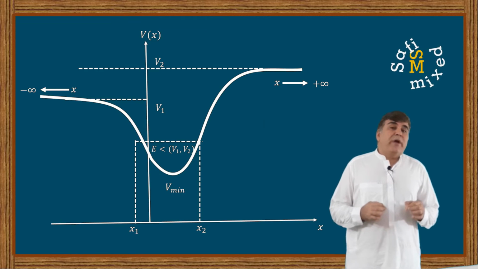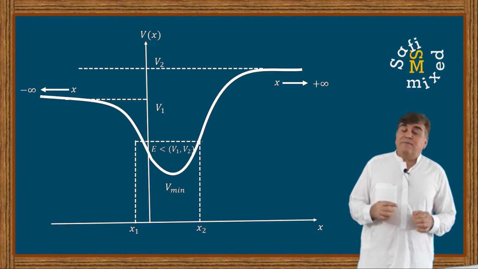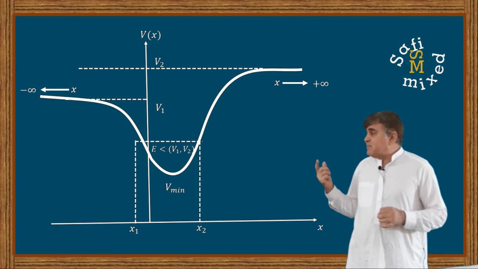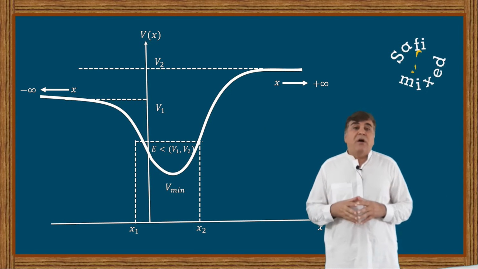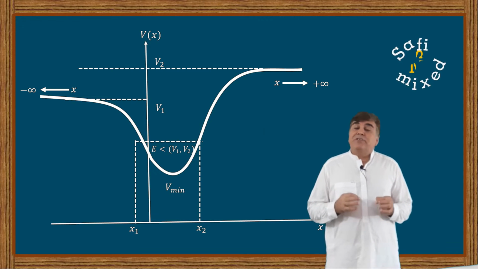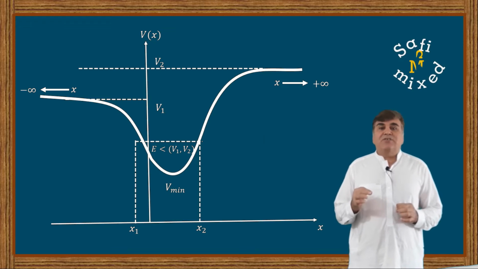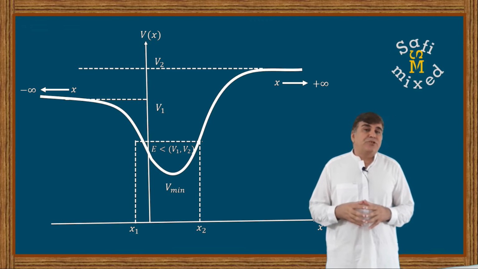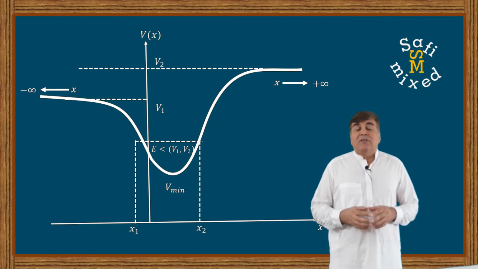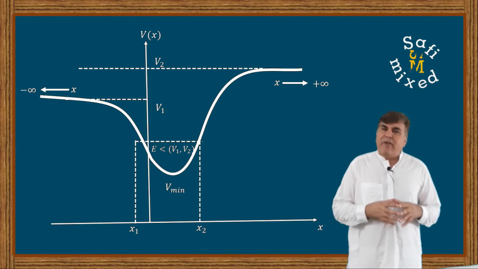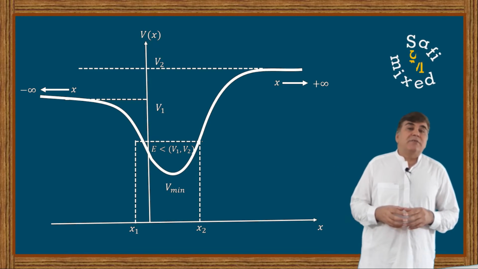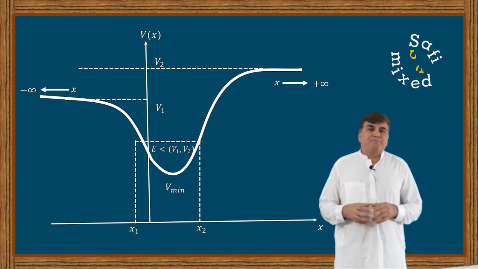This means that the square modulus of the wave function for such states in the specified region would always be 1, which ensures the existence of the particle between positions x1 and x2. These positions are in fact the classical turning points.